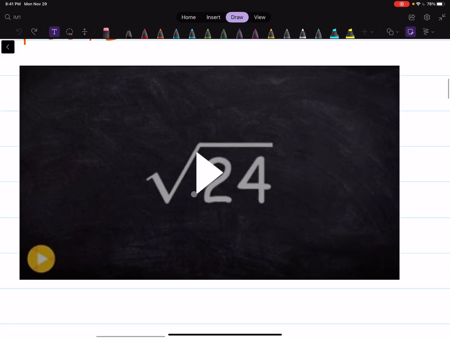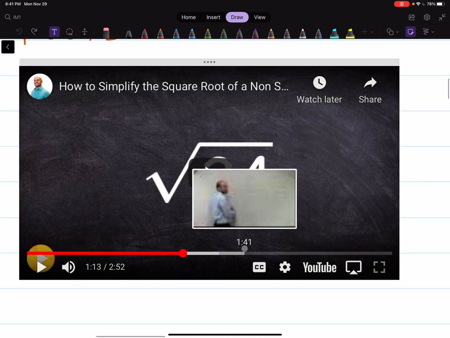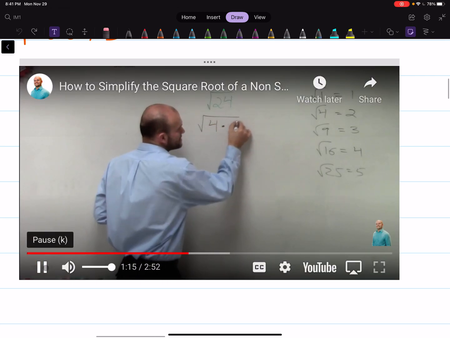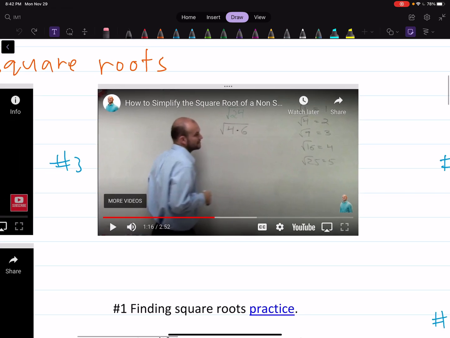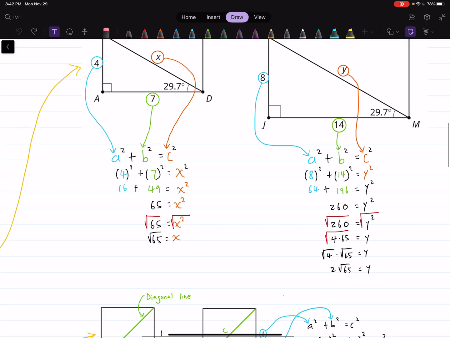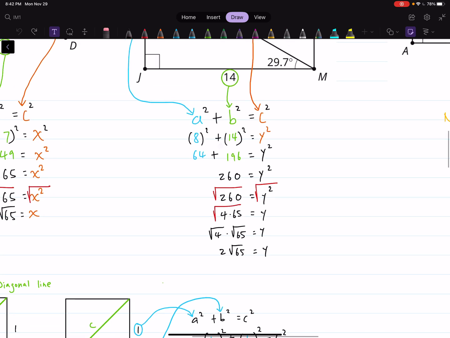I'm going to play a little bit, see if I can find the spot that's good for us to talk about. Here we go. 4 times 6. So as you can see, he's simplifying the square root of 24 with 4 times 6, right? And so he's basically going to talk about how to solve problems like this and how to simplify square roots that can be simplified, such as this one here.